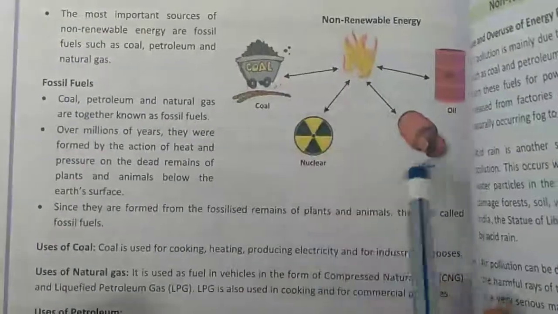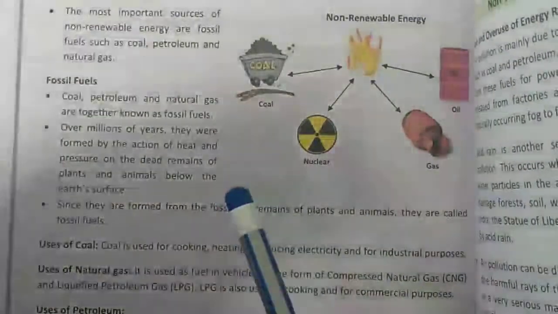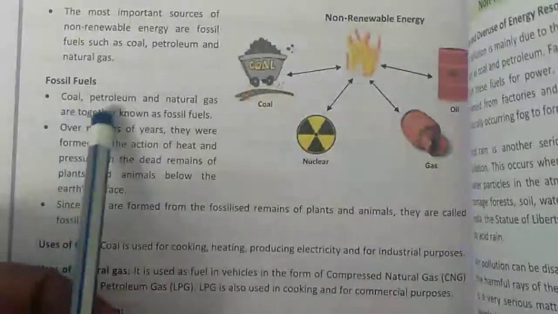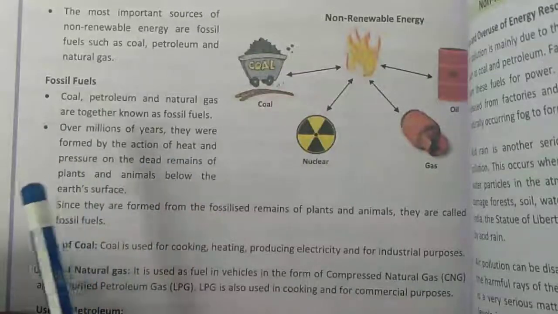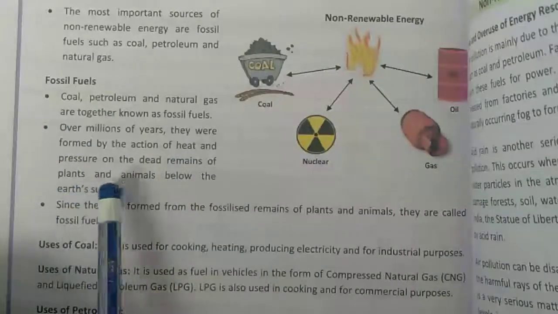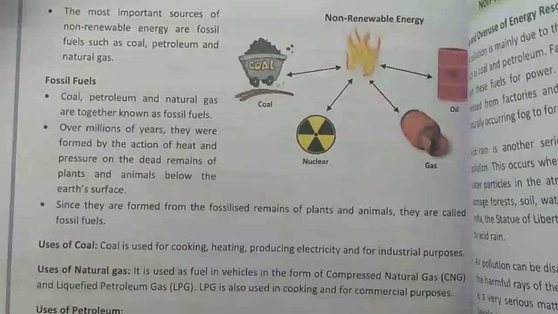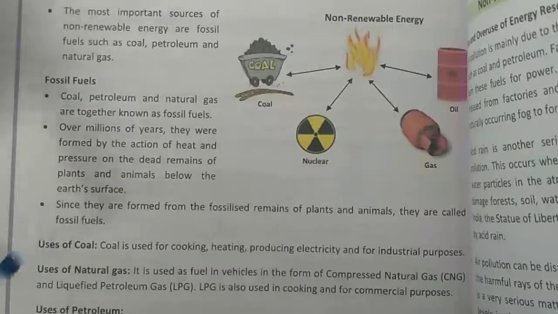Coal, petroleum, natural gas and nuclear energy are some of these energy resources, but coal, petroleum and natural gas are altogether known as fossil fuels. They were formed over millions of years, so they cannot be formed instantly. We have very limited reservoirs of these, so we have to use them very carefully.